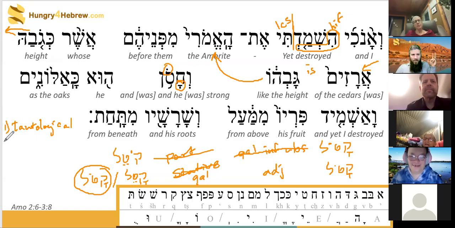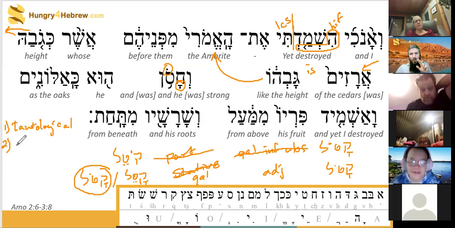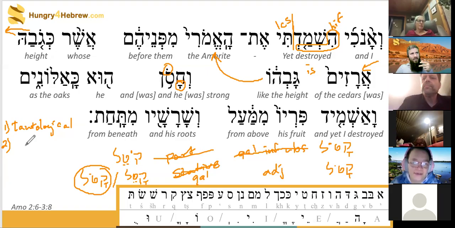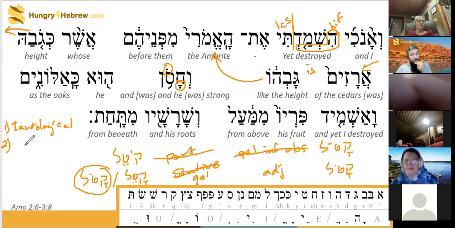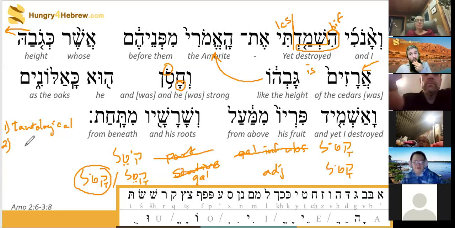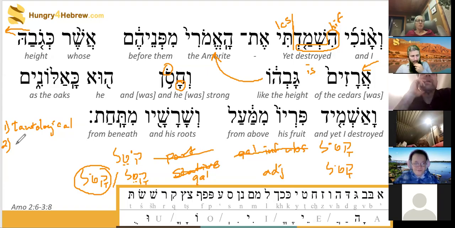Okay, that's option one. What else can it be? An adverb. Well, I guess the tautological is an adverb because you're adding emphasis saying how it was done. Certainly it was done. How about language of the law? Shamor v'zachor. Guard and remember the Sabbath, right? That's an infinitive absolute. So it appears to be used in language of the law as some kind of an imperative in meaning.